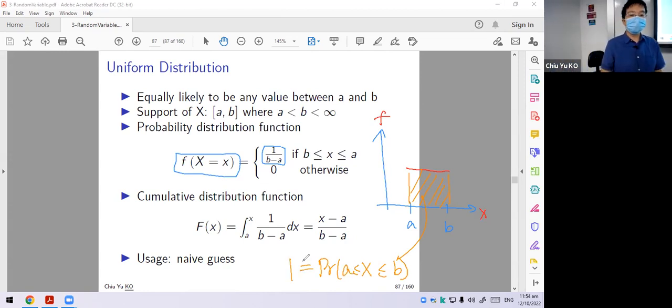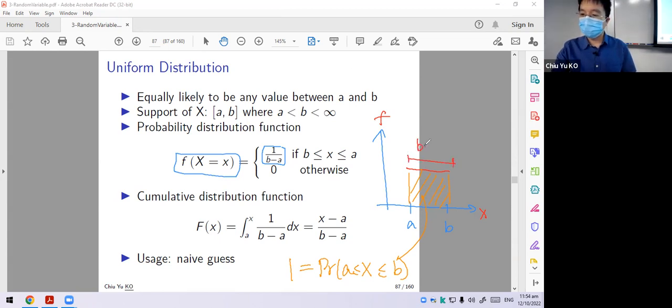The reason is that it must be between A and B, so it must be 1, coming from axiom 2 of probability. It's the sample space. That's why this rectangle is the area. The base is B minus A, so the height must be 1 over B minus A.